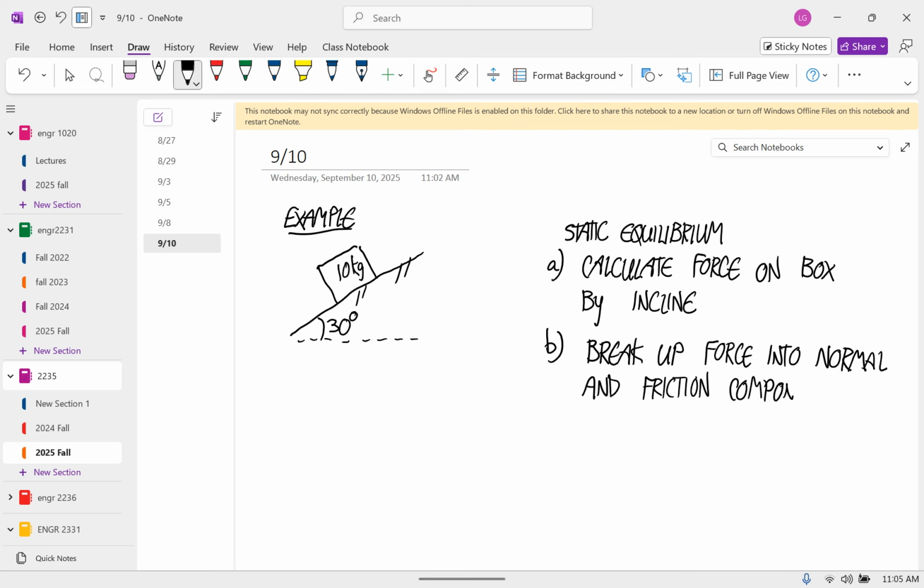So basically all I'm doing here is, in statics, we don't care how that force breaks up into a normal force and a friction force, but I just want to reinforce the idea that they are the same thing. We're just not thinking about them that way. And then also I just want to show you this rotation matrix in action for the first time.